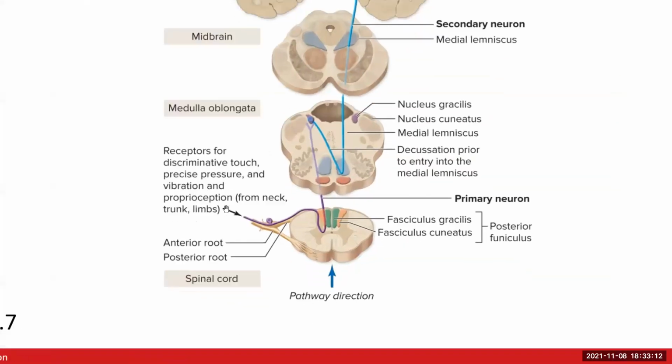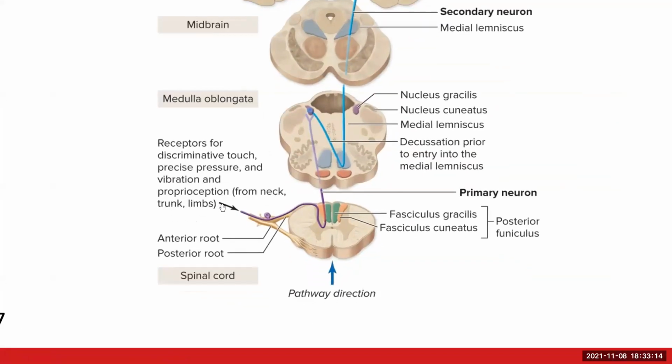So here's our primary neuron. It's getting information somewhere from the periphery there. Here's the cell body for that primary neuron in the dorsal root ganglion. So that axon then enters into the spinal cord through the posterior root because it's carrying sensory information, and only sensory neurons are found in the posterior root.